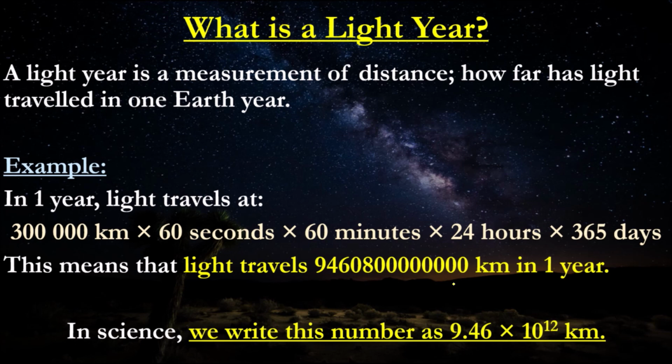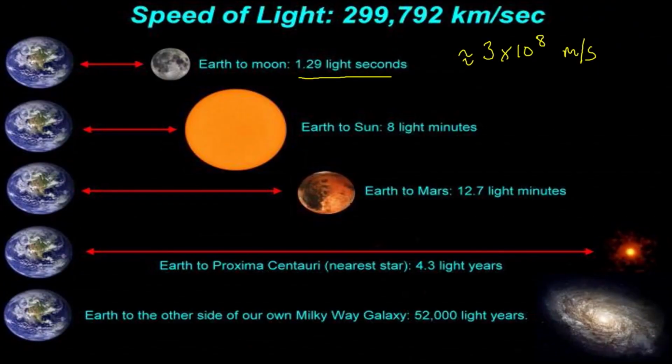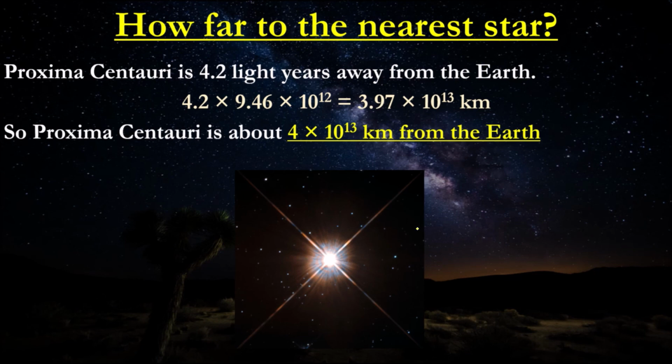If we actually look at the total distance for light to travel to the nearest star, so if you talk about our nearest star, which is 4.3 light years, in kilometers, it's roughly 4 times 10 to the power of 13 kilometers from Earth. So that's an incredibly large value to look at in terms of distance.